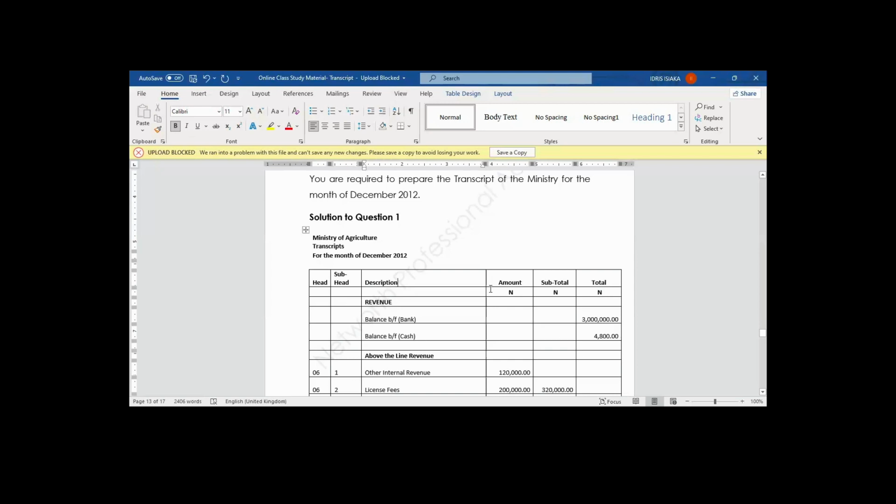When we are preparing transcripts, we have formats. One of our formats is that we have head, subhead, description, amount, subtotal, and total. We have 6 columns. Number 1 column is head. Number 2 column, subhead. Number 3 column, description. Number 4, amount. Number 5, subtotal. And number 6, total.